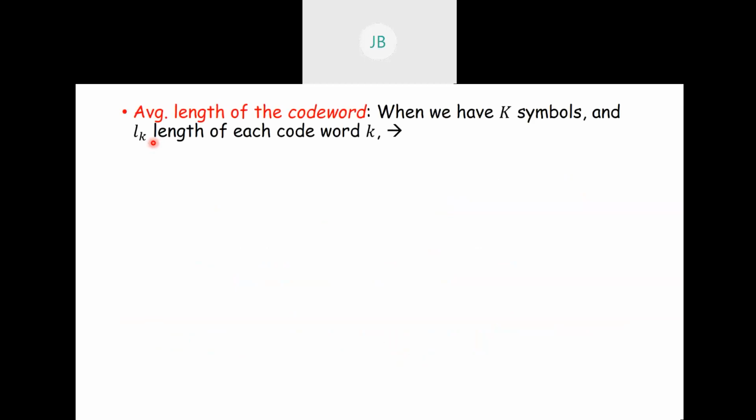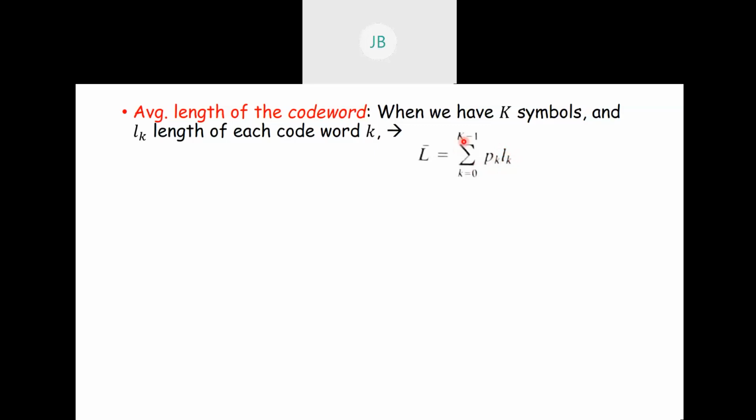So we have also seen the average length of the code word. When there are K symbols, and if l_k represents the length of the code word used to represent symbol k, then the average code word length is nothing but the sum of p_k times l_k. So p_k is the probability of the symbol k, and l_k is the length of the code word that represents that particular symbol k.